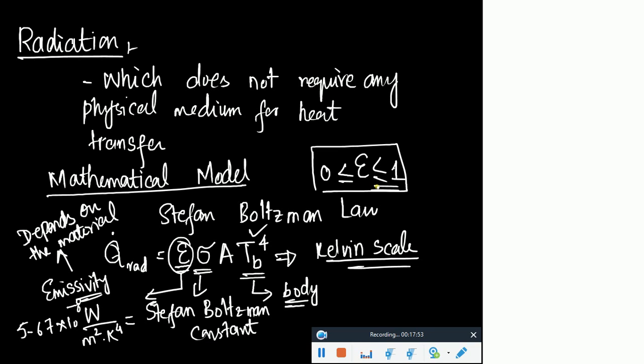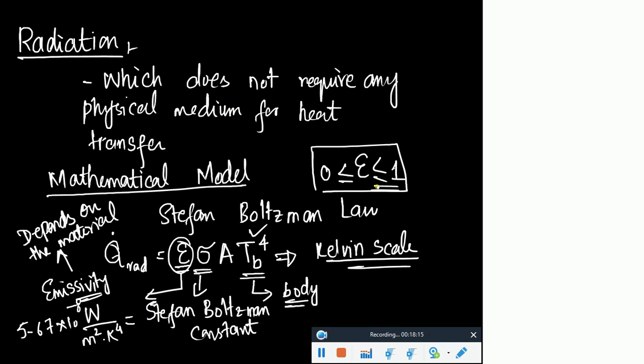Sir, we were talking about an ideal black body. It can be of any material. But if we take a real body of the same material, will it have emissivity equal to that? I mean, obviously, the material means what kind of surface you have, what is the color of the surface.